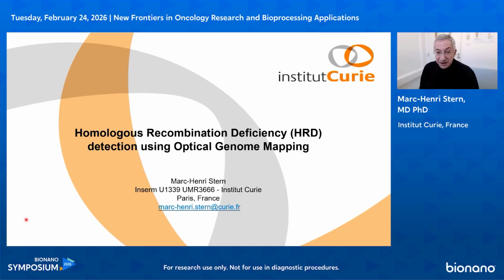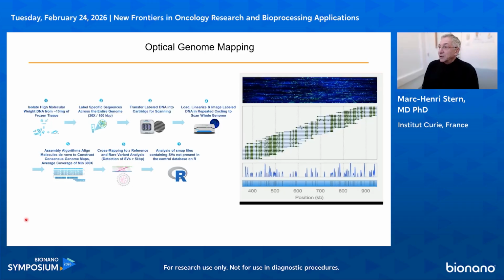I am Marc-Henri. I'm working at Institut Curie, Paris, France, and I will speak about our development in detecting homologous recombination deficiency using optical genome mapping. I don't need to introduce optical genome mapping, or OGM.